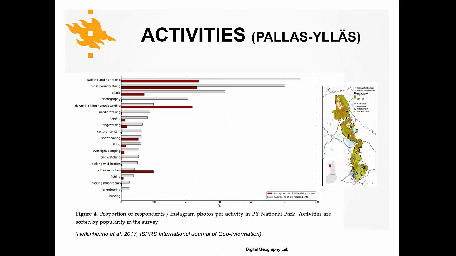Well, then we've been analyzing, in addition to this, whether we can understand activities, what people do in a park. The message from this image from one of the papers from northern Finland, from this PALLAS-YLLÄS park, is maybe that the most popular activities that are identified in the surveys and questionnaires that people are making are appearing also in social media posting.